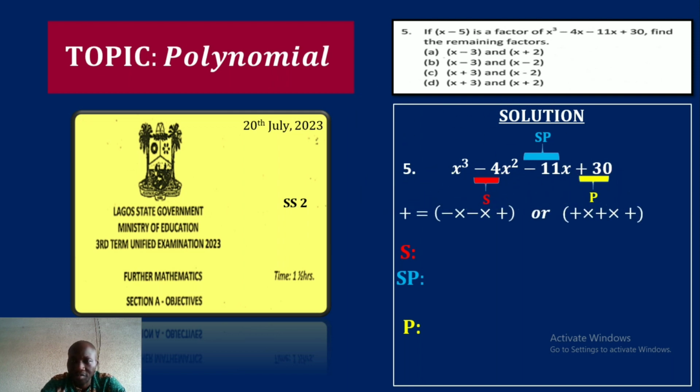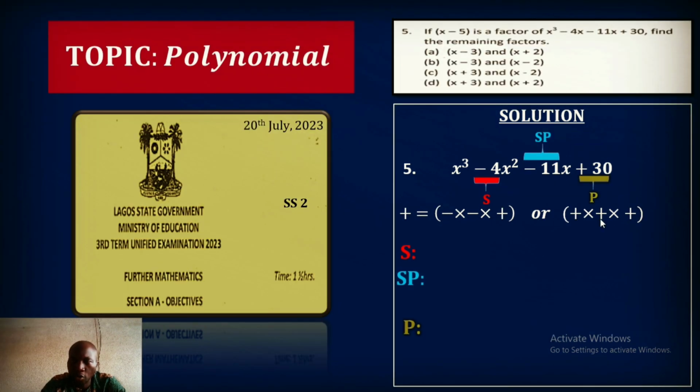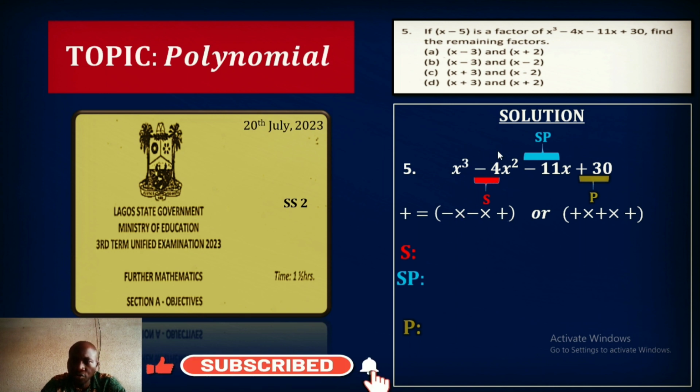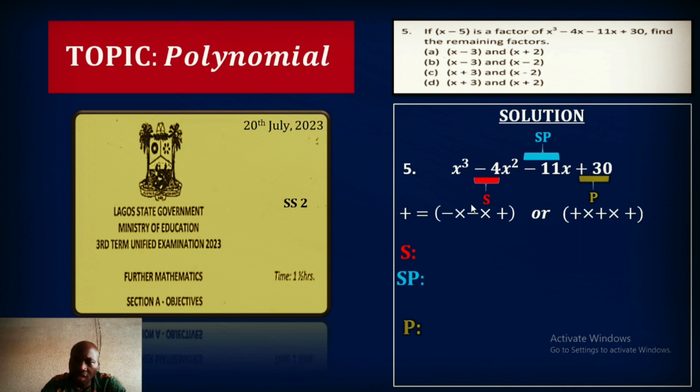Okay, awesome. So we can get plus by multiplying minus by minus and then by plus, or by multiplying plus by plus and then by plus, but we'll be using just one of these two products, and the one we'll be using is the very first, because when we rearrange these three signs into the sum of roots, sum of product of roots and product of roots, we can get something minus from the result.